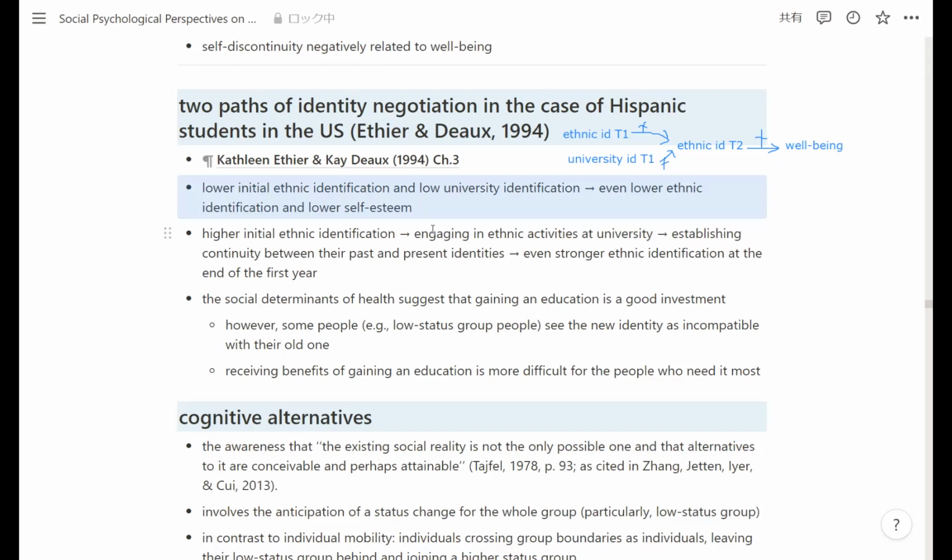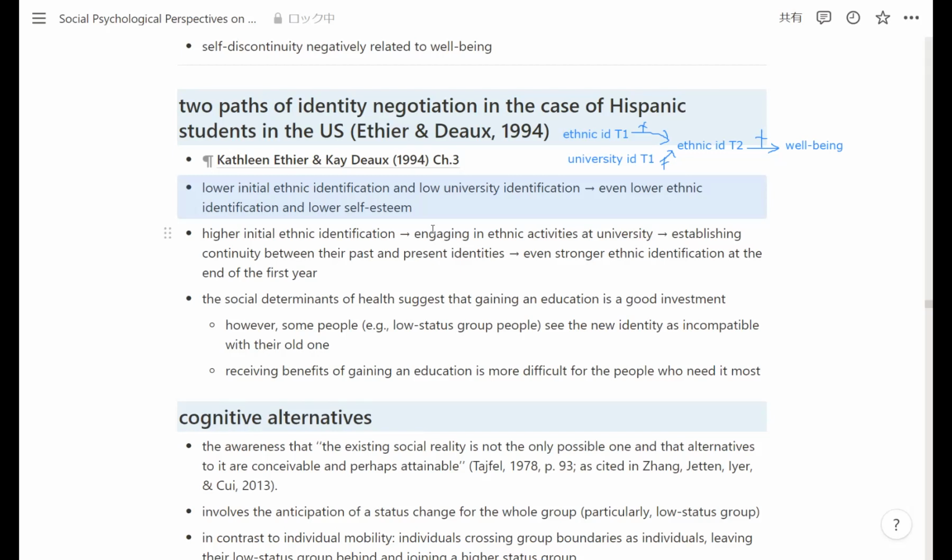Those who do not really identify with their Spanish or Hispanic identities, when they enter universities, they find that maybe Hispanic culture is not really the mainstream of life in university. The mainstream would be more like white American culture, maybe.